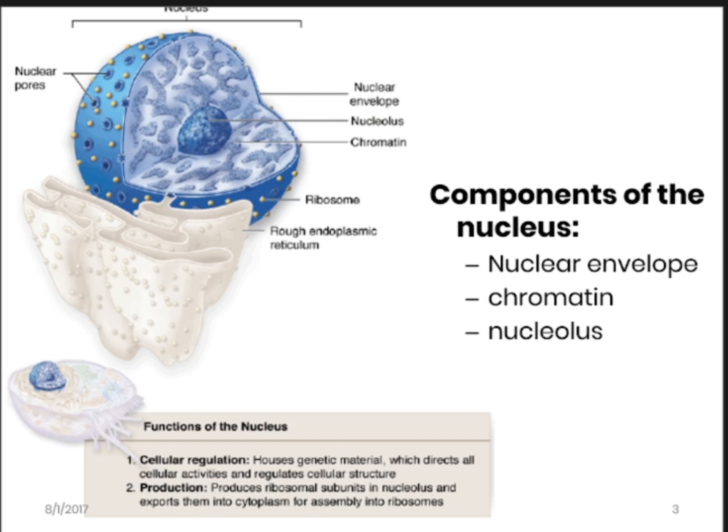And lastly, we have the nucleolus. The nucleolus is a small subnuclear structure which is responsible for the synthesis and assembly of rRNA, or ribosomal RNA, and other ribosomal units, which is essential for protein synthesis.